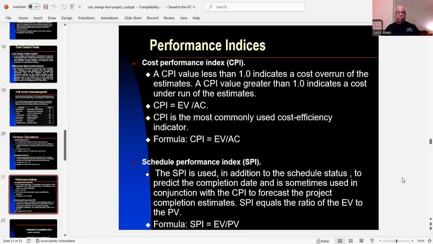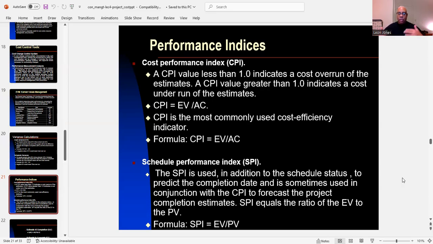And then you have your SPI. The SPI is used in addition to the schedule status to predict the completion date, and it is sometimes used in conjunction with the CPI to forecast the project completion estimates. Now, again, you don't see SPI as much as CPI.